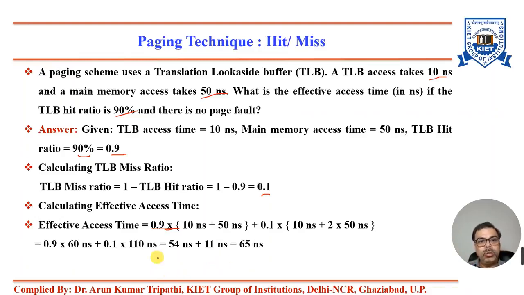So 10 nanoseconds plus 50 nanoseconds. If data is not found in the TLB, then it is a miss. So 0.1 multiplied by 10 nanoseconds, the searching time of the TLB, plus 2 into the time to access the physical memory, because physical memory is visited twice. So it will be equal to 65 nanoseconds. So this is the concept of hit and miss.